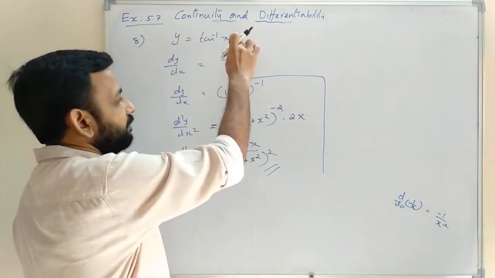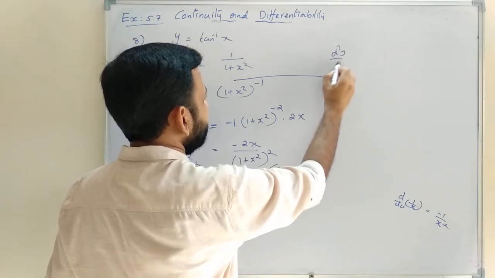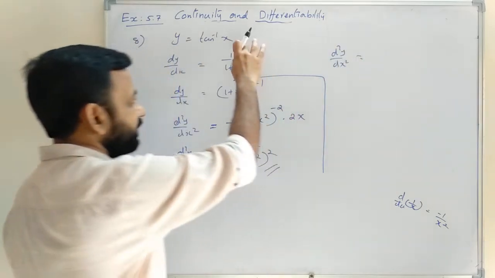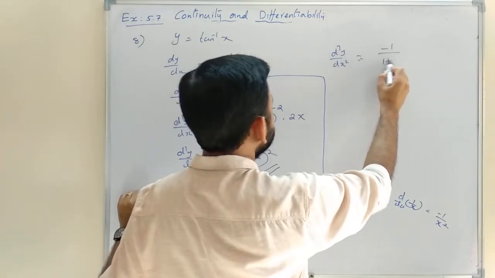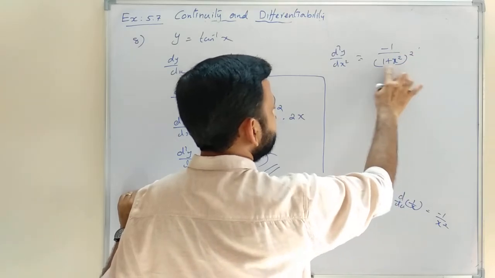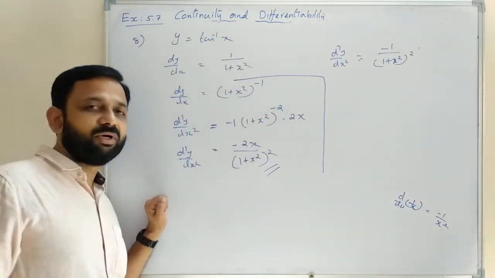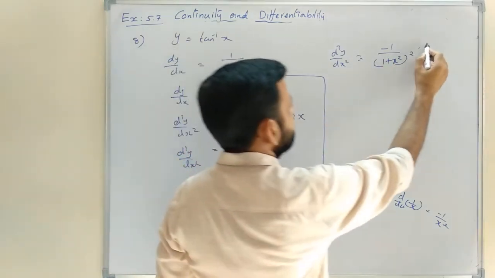By using that formula, this is in the form 1 upon 1 plus x square. So d square y by dx square, the derivative of 1 upon 1 plus x square, is minus 1 upon (1 plus x square) whole square into derivative of 1 plus x square, chain rule. Derivative of 1 plus x square is 0 plus 2x, that is 2x.